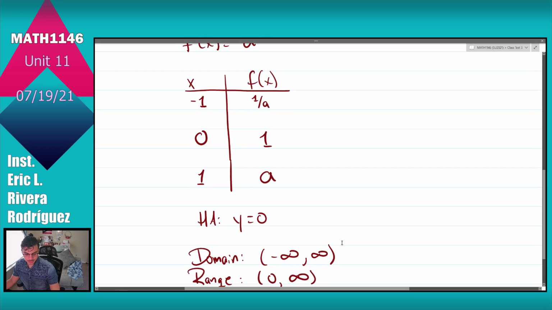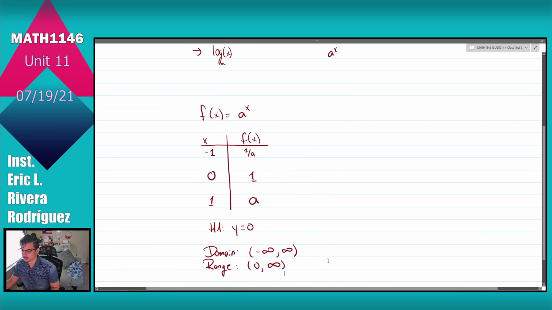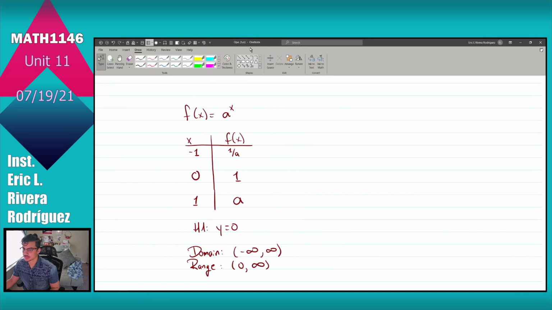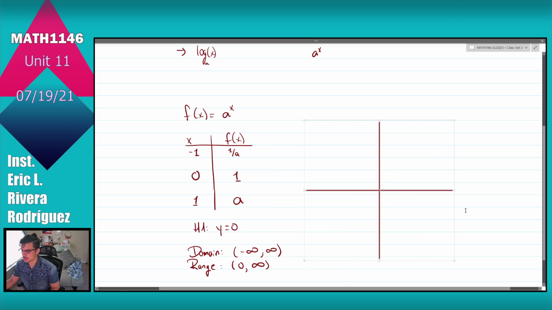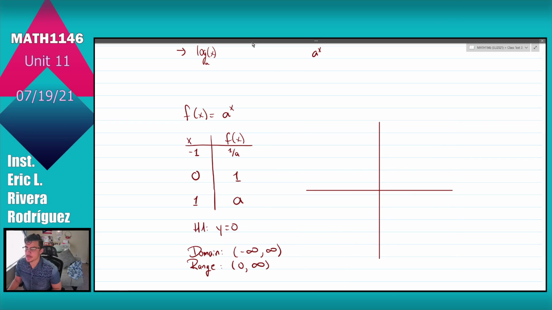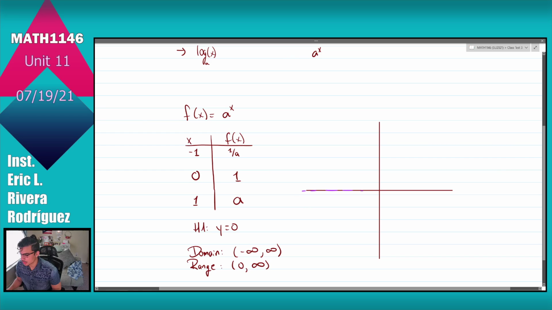So we have the graph of the exponential function, something like this. Here it will be -1, 1 over a.